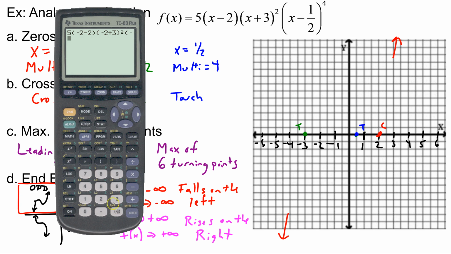And then -2 minus, and for the 1/2, I'll just go ahead and do 0.5, just to make typing this out a little bit easier. So 1/2 is the same as 0.5 raised to the 4th power. And I get a massively negative number. So we know it's going to drop very, very drastically for that value that we're seeing.